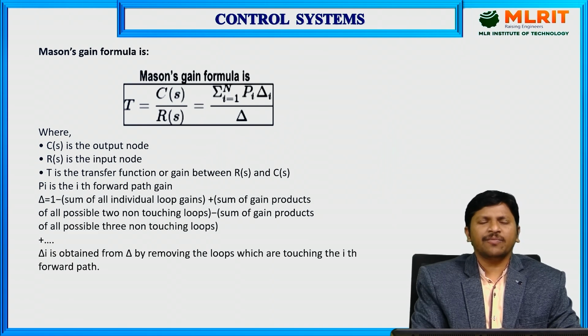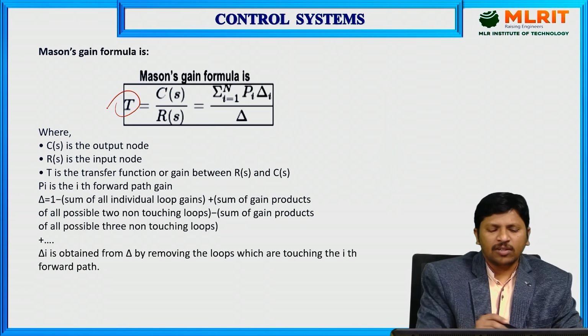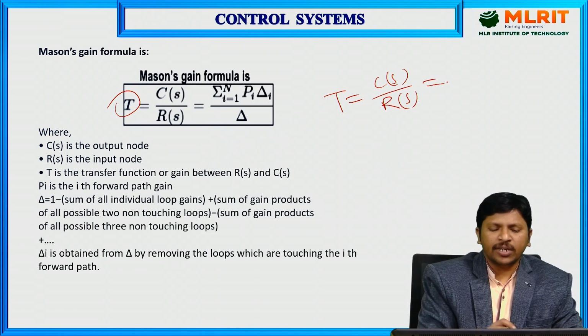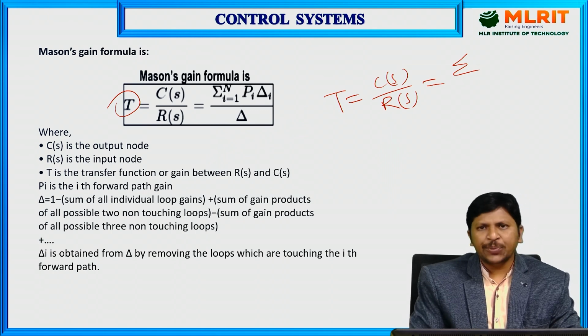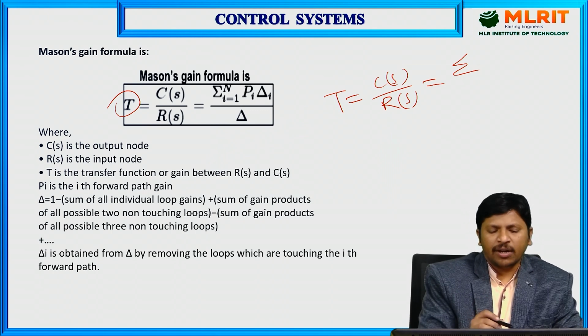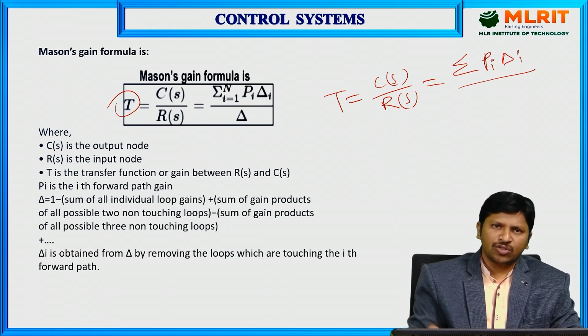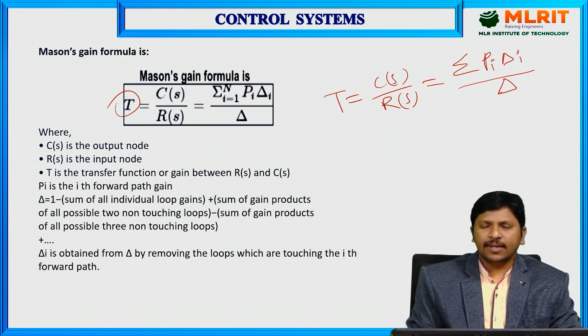The Mason's gain formula gives T, the transfer function. The transfer function is the output C(s) divided by the input R(s). T equals the summation, i equals 1 to n, of P_i delta_i, or you can choose any variable, P_k delta_k, divided by delta.